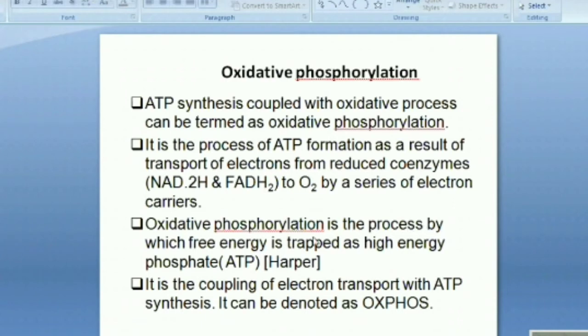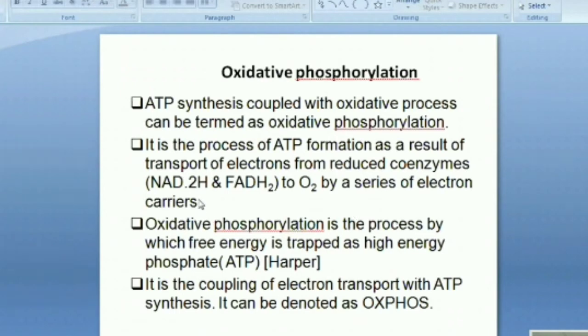This is the definition according to Harper. According to Lippincott, we can define it as the coupling of electron transport with ATP synthesis. Is it clear? Coupling of electron transport with ATP synthesis, phosphorylation of ADP coupled with an oxidative process, can be termed as oxidative phosphorylation. Be clear. Okay.